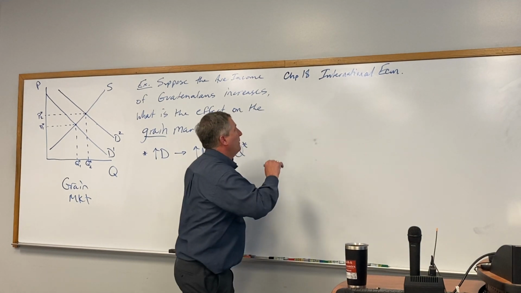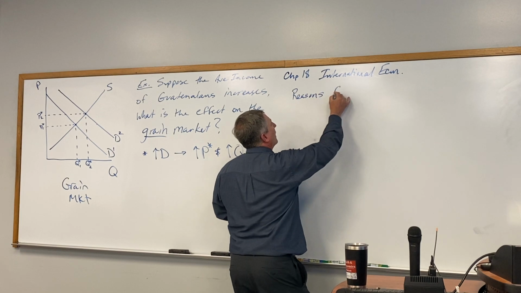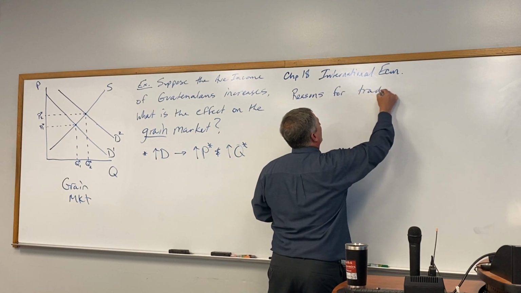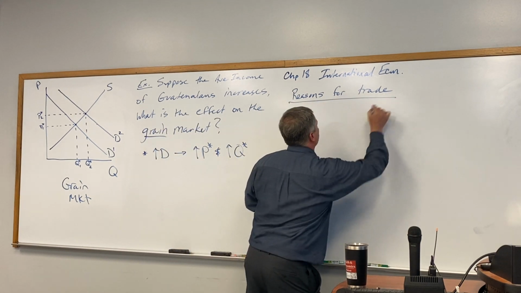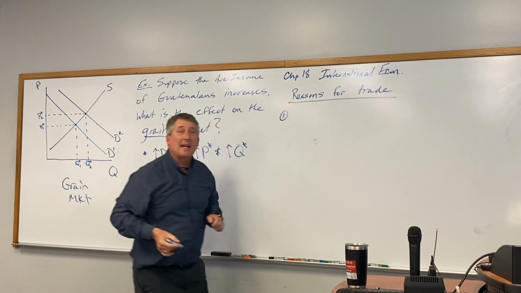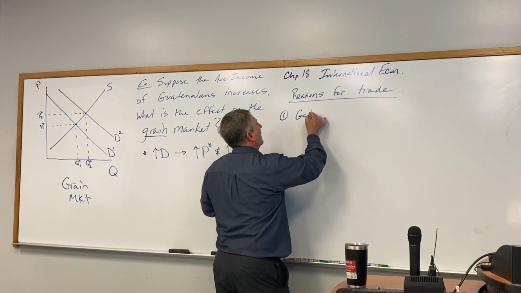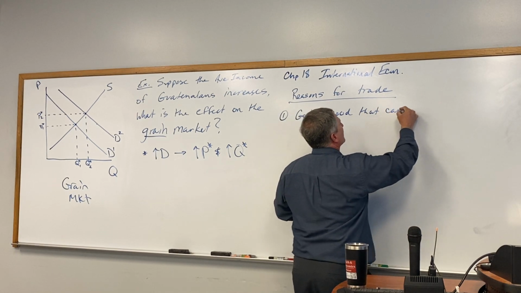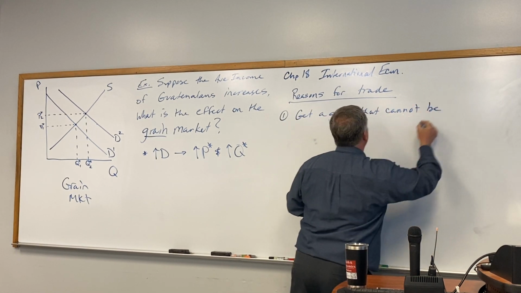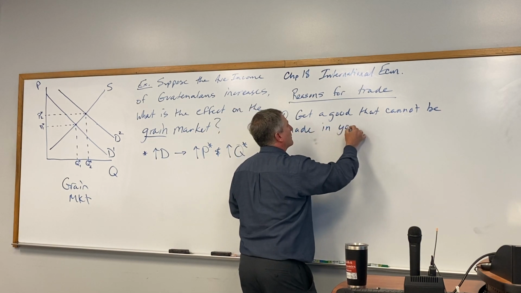So we can think of reasons for trade. Why do countries trade with each other? One reason would just be to get a good that cannot be made in your country.